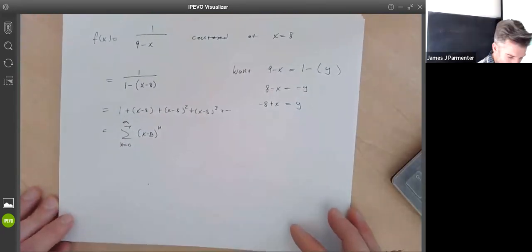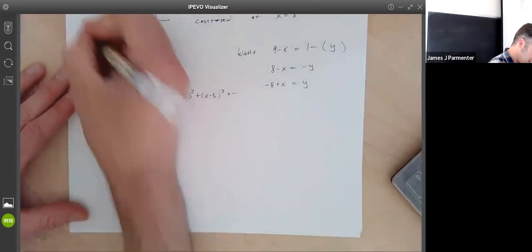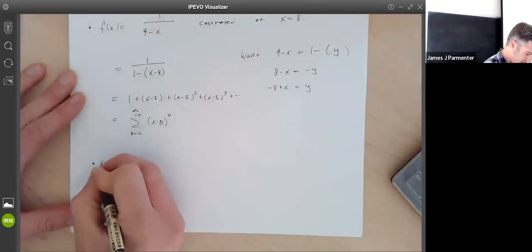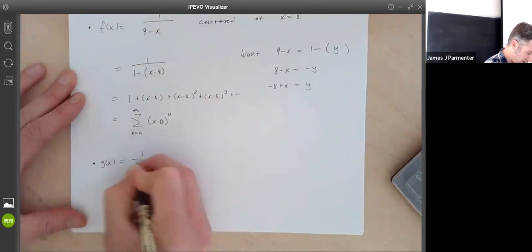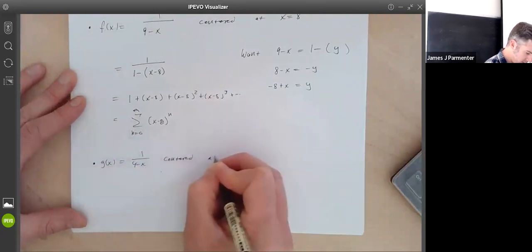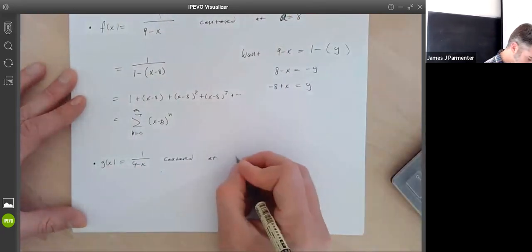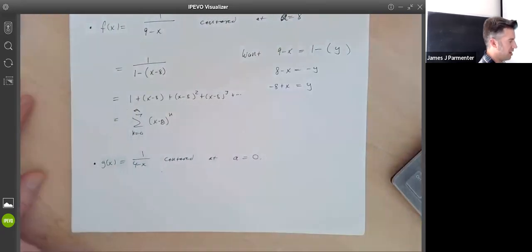But then the next question is almost exactly the same, but not. Now find the series for the function 1 over 9 minus x centered at, I should have said a, but they say x. So now I want to center it at 0.